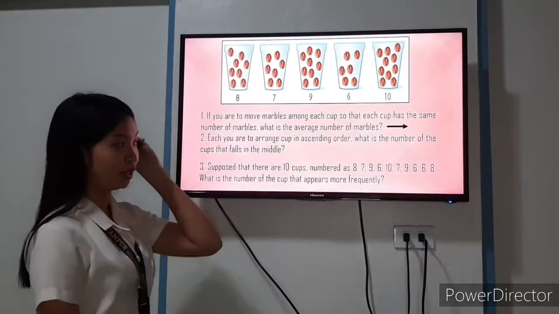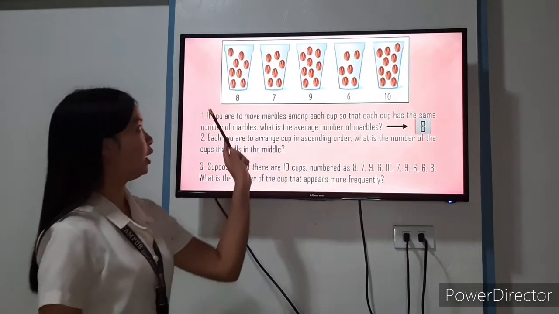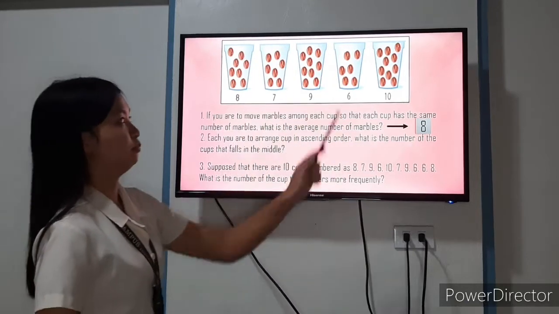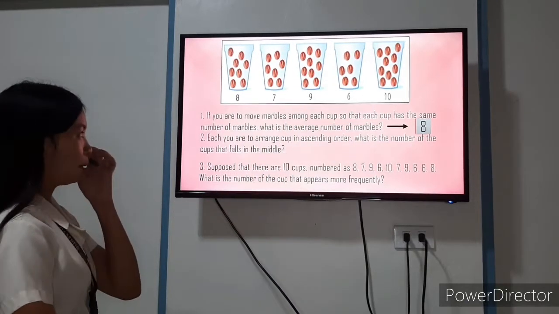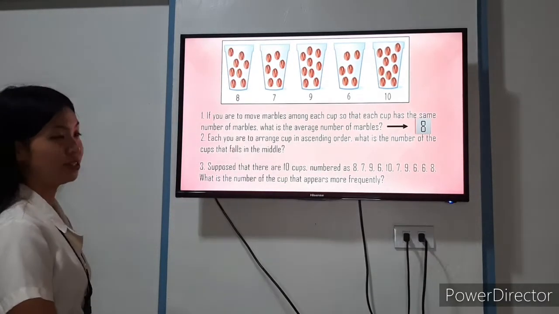So the answer to number 1 is 8. If we put 8 marbles in each cup, each will have the same number of marbles.